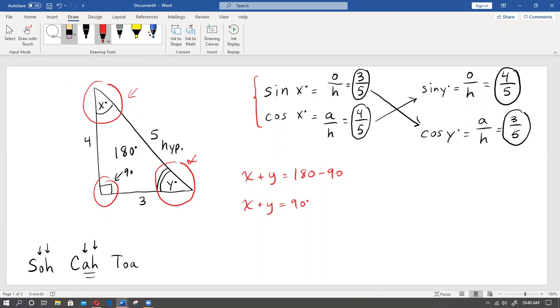So there's two formulas you want to remember for the SAT.